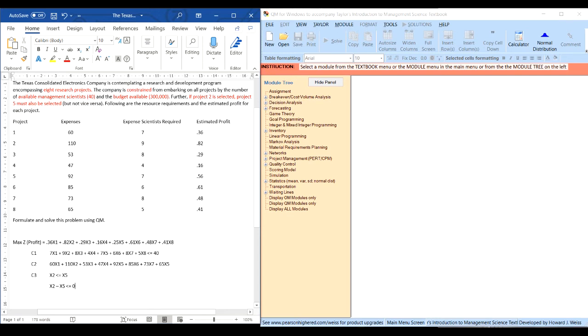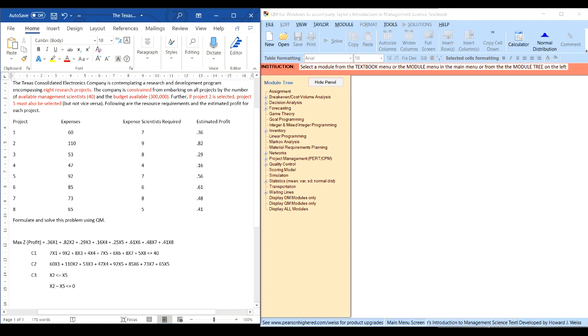If x2 is chosen, x5 must also be chosen, or it will not be less than or equal to 0. This is a conditional situation, and it's one of the special ones that was in the handout given in our group chat. So we have all of our relevant information.